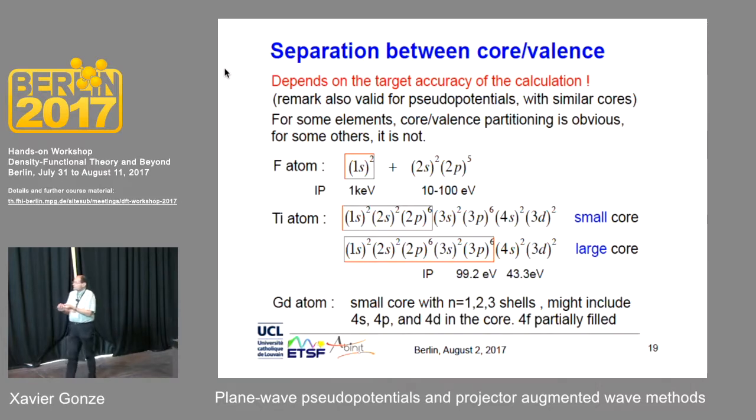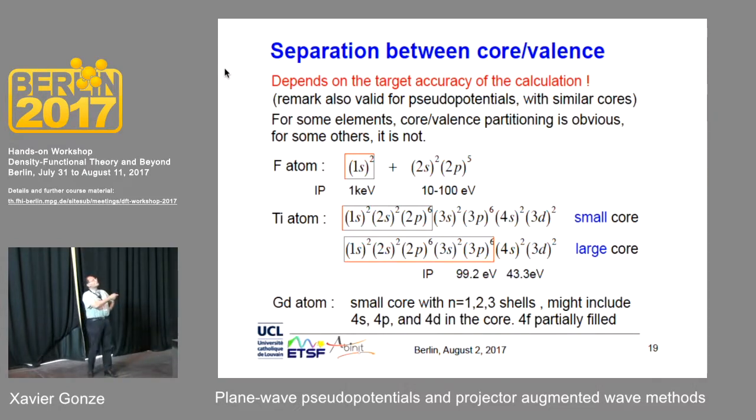Also at the level of the spatial localization, the 1s state in fluorine is much more localized than the 2s and 2p states, and in agreement with the chemical intuition we will treat these as valence and this one as core. But if one takes titanium with this atomic configuration, the chemical intuition says that the 4s and 3d states will have to be treated as valence.